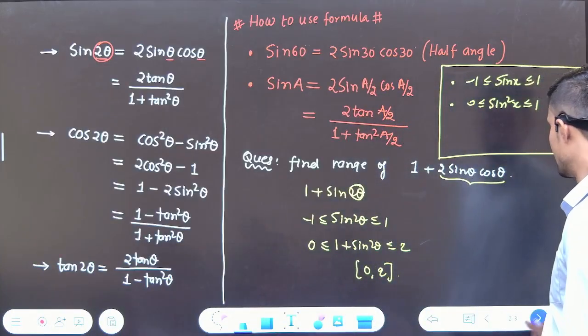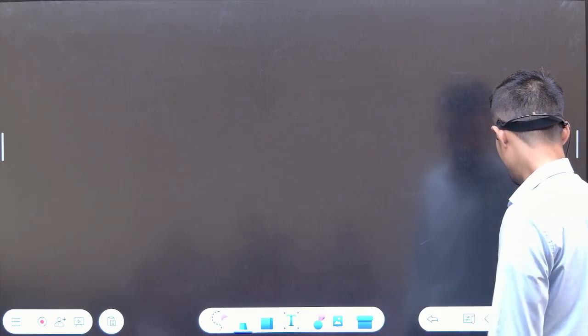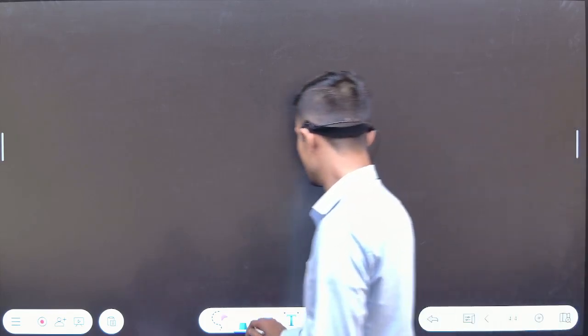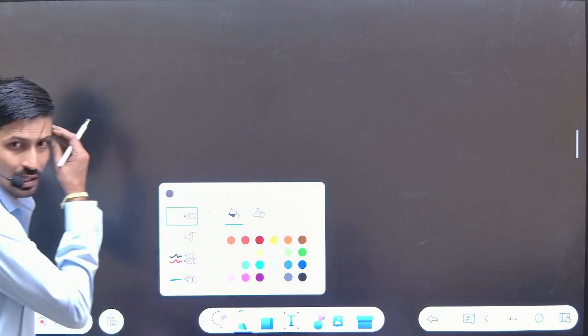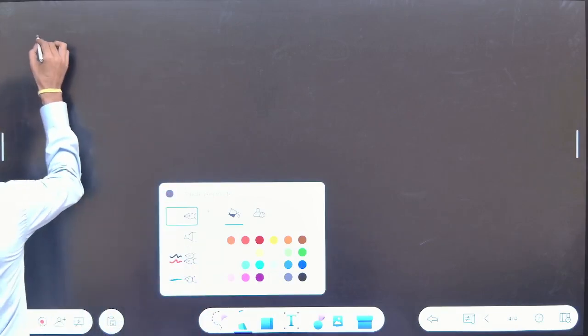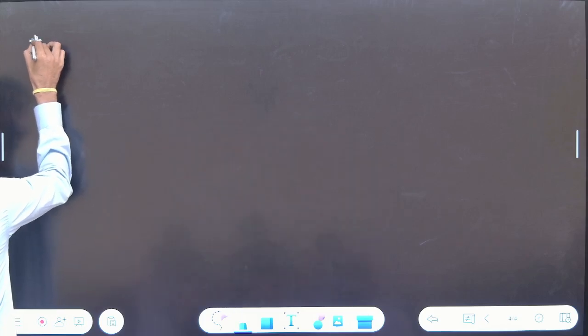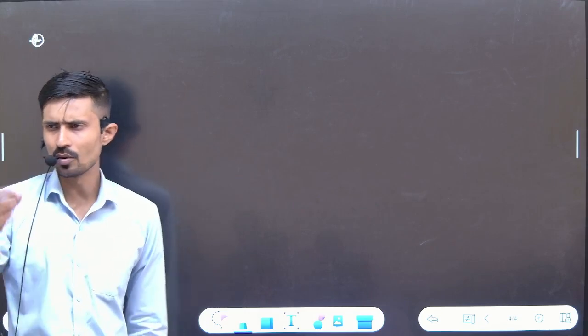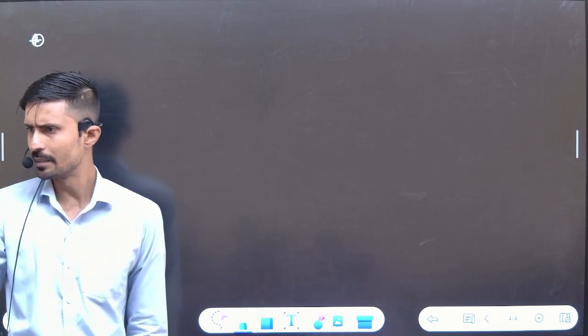Now some more things. See, on each formula we can do a lot of things. Don't see it as a formula; simply see it as an observation and try to remember all these things.